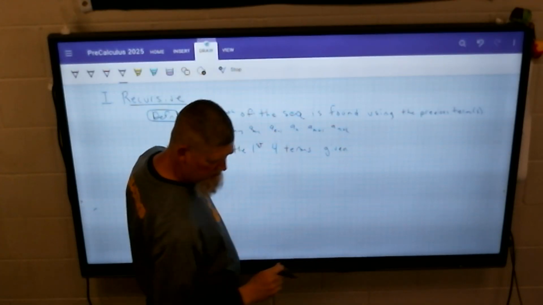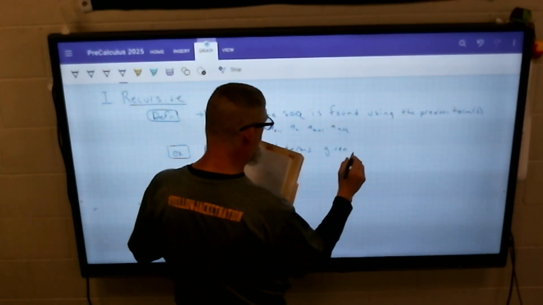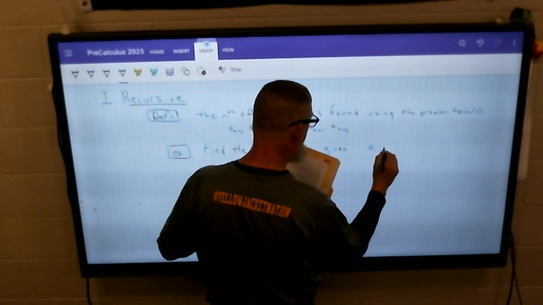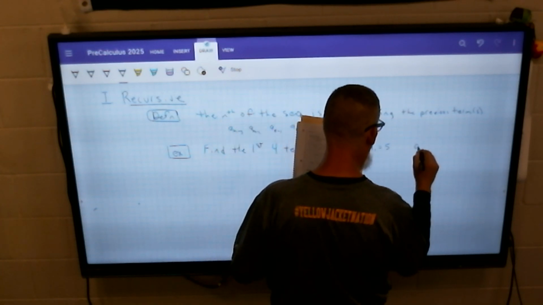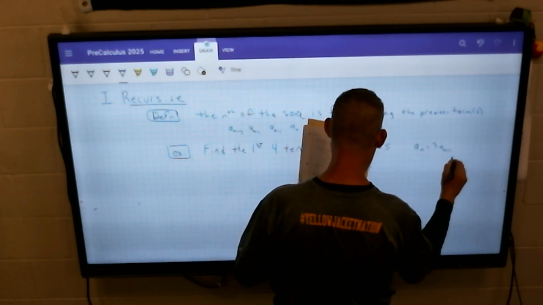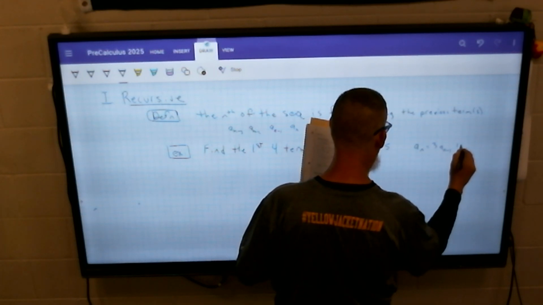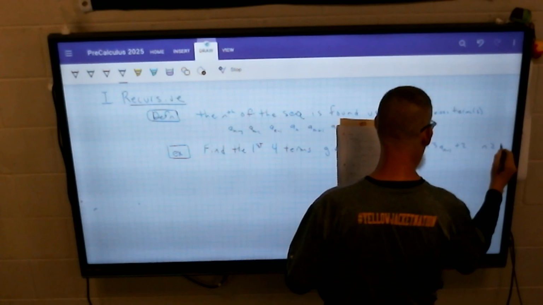Is that the right example? Yep, there we go. A sub 1 equals 5. A sub n is going to equal 3 times a sub n minus 1 plus 2 for n greater than or equal to 2.